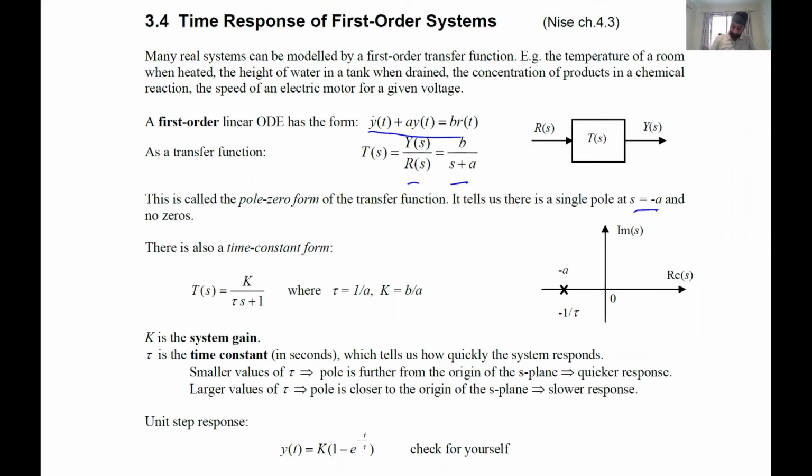Over here, we have expressed the transfer function in a way we can easily tell that there is no zero and there is one pole at s is equal to minus a. So this is called the pole zero form.